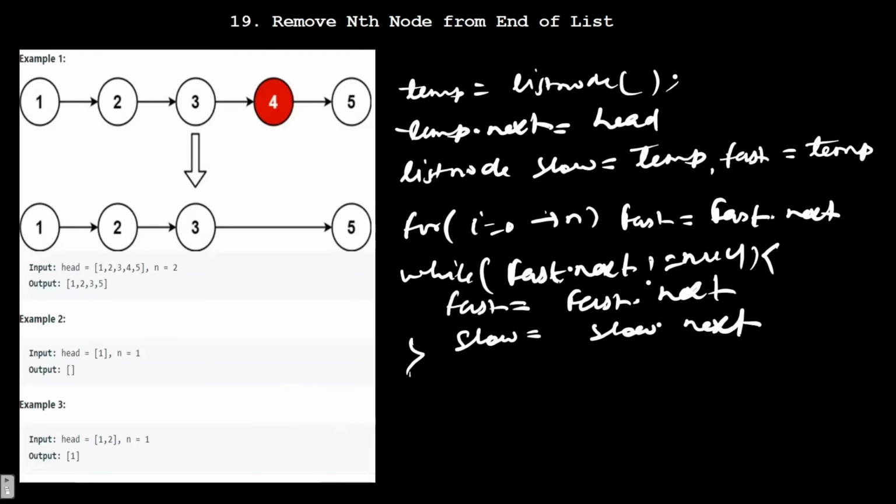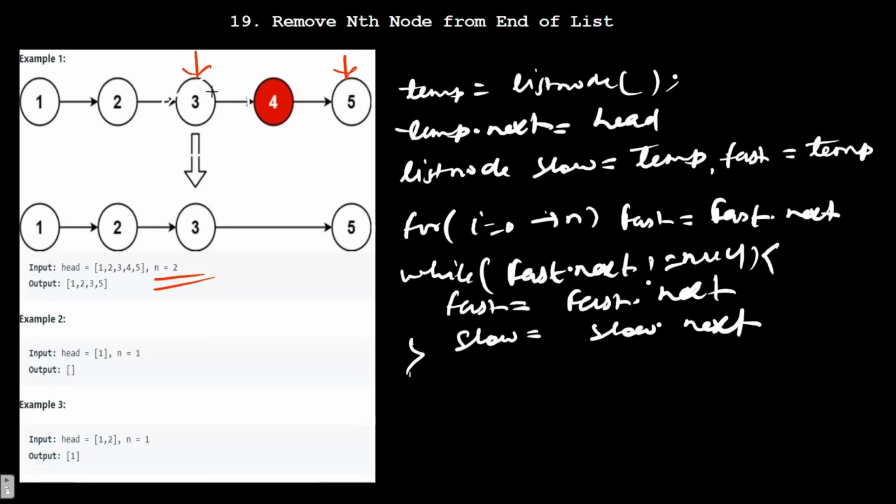After doing this, our slow will be at this point, something like 3. So if we run our fast and slow simultaneously, where fast has already traveled n distance earlier, in this case fast will be something like here and slow will be something like here.